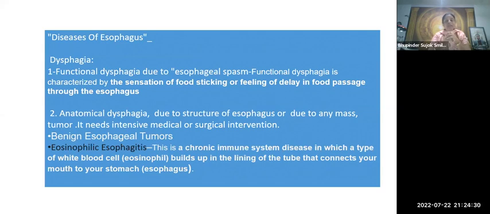Anatomical dysphagia is due to a structure of the esophagus or due to any mass or tumor. In this case, there is a requirement of intensive medical or surgical intervention. Sometimes there are benign esophageal tumors, and then eosinophilic esophagitis. This is a chronic immune system disease in which a type of white blood cell builds up in the lining of the tube that connects your mouth to your stomach.